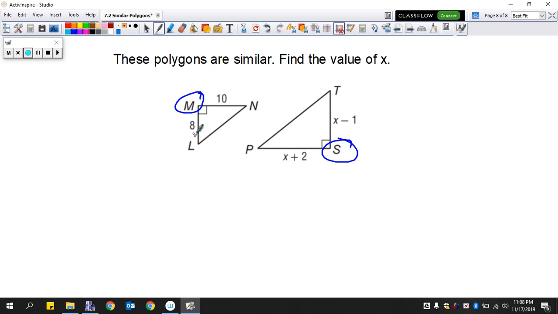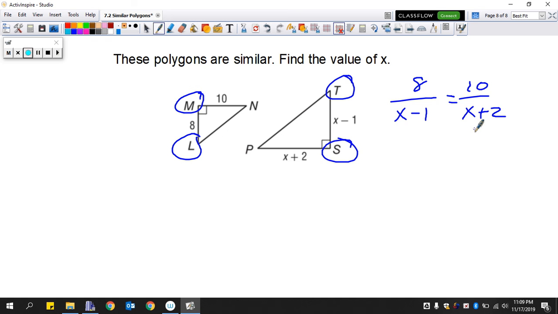the ML goes with ST. All right. So the 8 goes with the x minus 1. That means the 10 goes with the x plus 2.